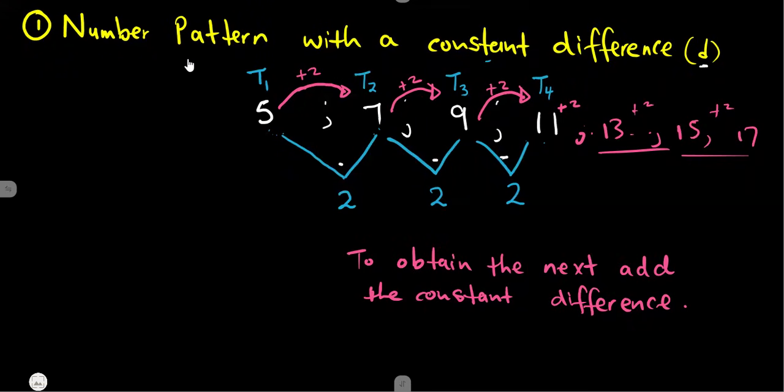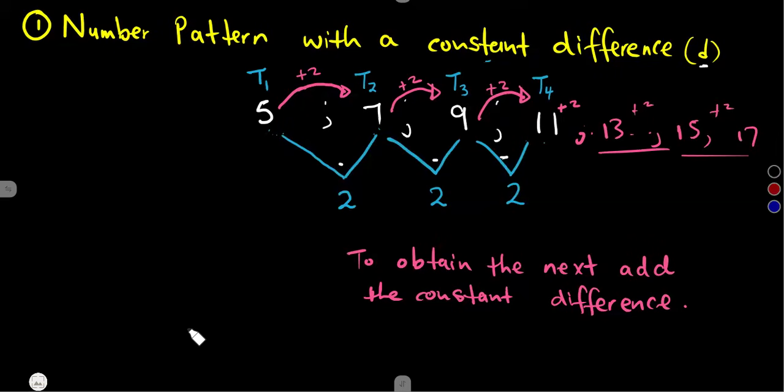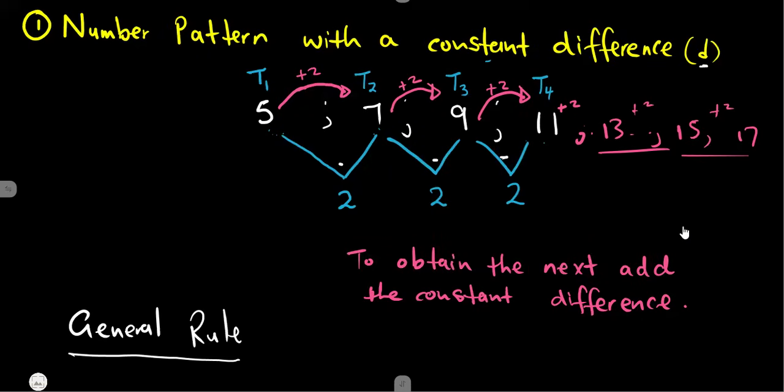So to determine the general rule: it is just a relationship, guys, which shows us what is happening between the given input and output values.